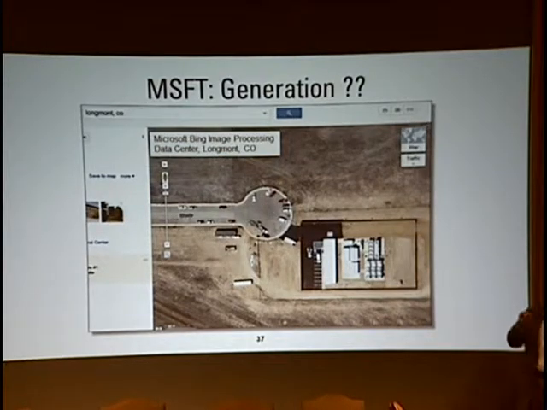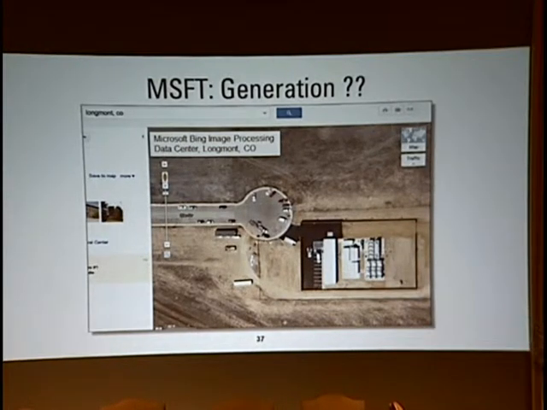These are the guys that, all the maps that you look at and the aerial flies and their free products and their commercial products all go into these sites to be processed and stitched together and light-filled. And it's interesting, you can't find this data center on Bing, and you can't find Google's data centers on Google Maps, but you can find this one on Google, and you can find Google's data centers on Bing.